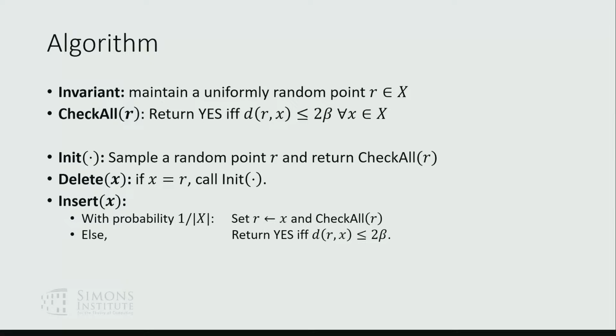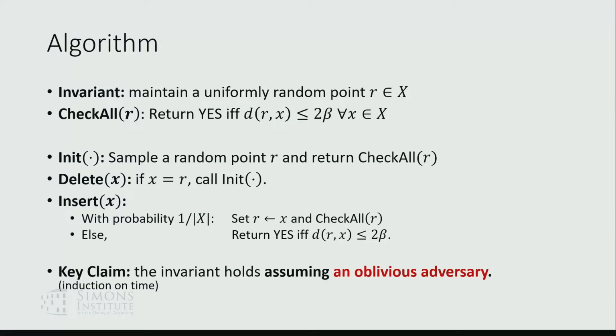Otherwise, all you need to do is return yes if the new point X is still within 2 beta of R. So you can see that the invariant that we want is satisfied, but we really assume an oblivious adversary here.